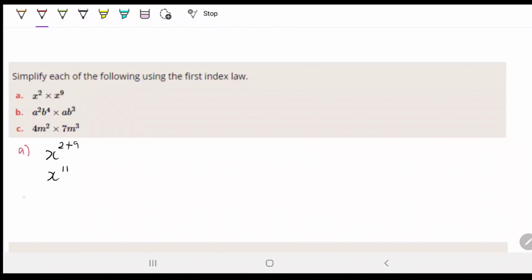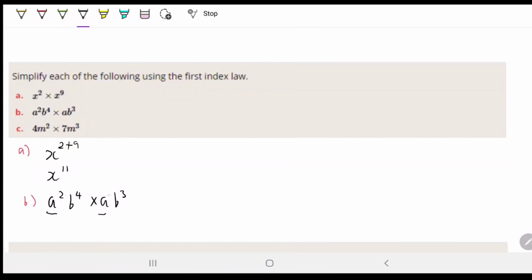In part B, we have a squared b to the 4 times a b cubed. So for this question, you need to group your a's and your b's together. So we have an a squared here and we have an a to the 1 here.